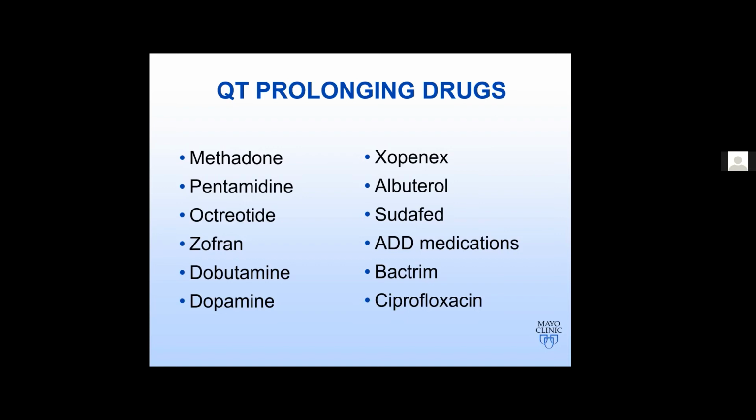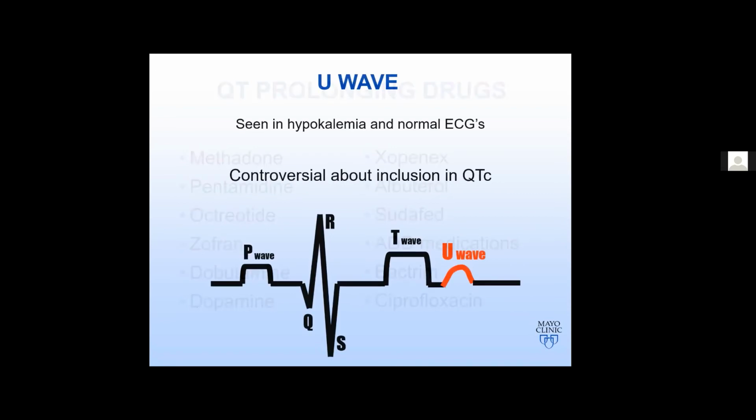So there will be a ton of false positives if you do routine ECG screening for either sports or for ADD medications. And the current recommendation is that you not do ECG screening prior to either one of these, okay?